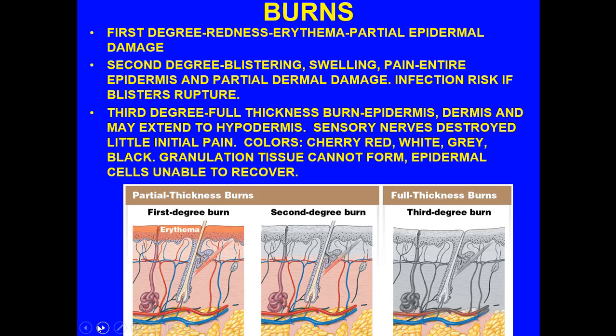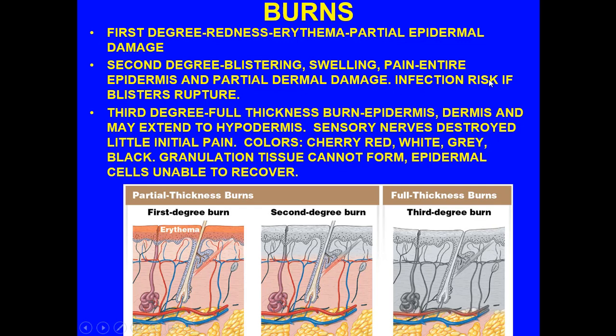First degree burn, you're going to see some redness, erythema, which is kind of a reddening, and partial epidermal damage. It's uncomfortable, but basically this will recover. Okay? Second degree burns. This is where you're going to get blistering, swelling, you're going to get pain. The entire epidermis is affected, and you have partial dermal damage.